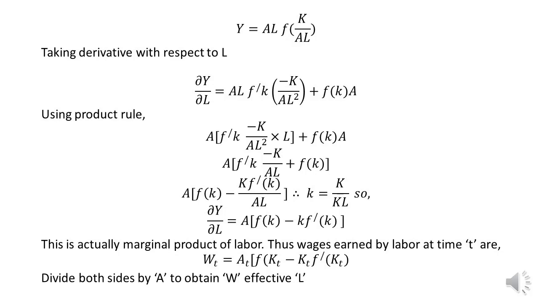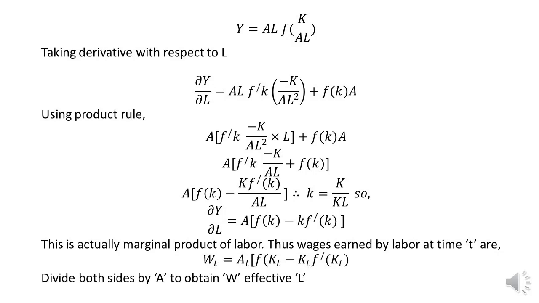Y is a function of K and AL, or in intensive form, Y is a function of small k. We can rewrite this as Y over AL, that is output per effective labor, and that output per effective labor is a function of K over AL, that is, capital per effective labor. So output per worker is a function of capital per worker in AL form, that is, effective labor.